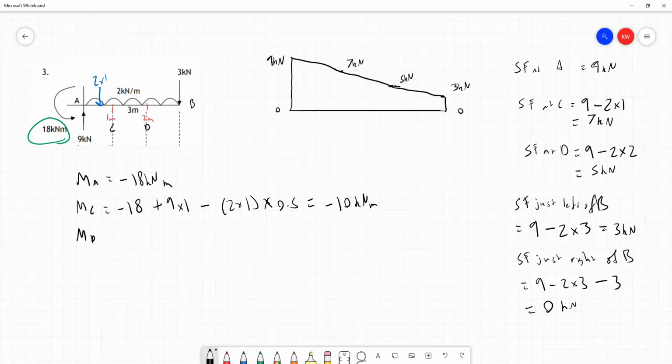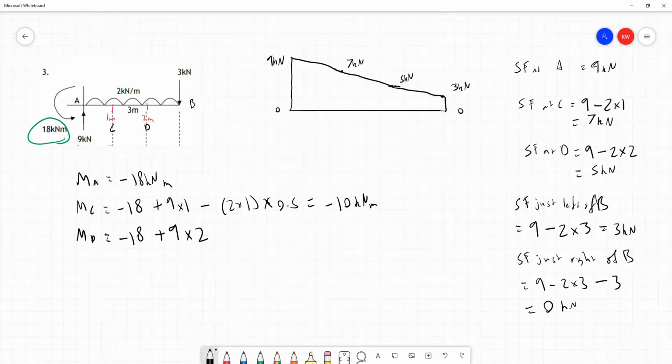For MD, it's going to be something quite similar. I'll just erase that marker in blue there. So we start off as before, the minus 18 kilonewton meters from the support. We add the effect of the upwards 9 kilonewton force at point A. And of course, the distance from B to A is 2 meters, so that's 9 times 2.